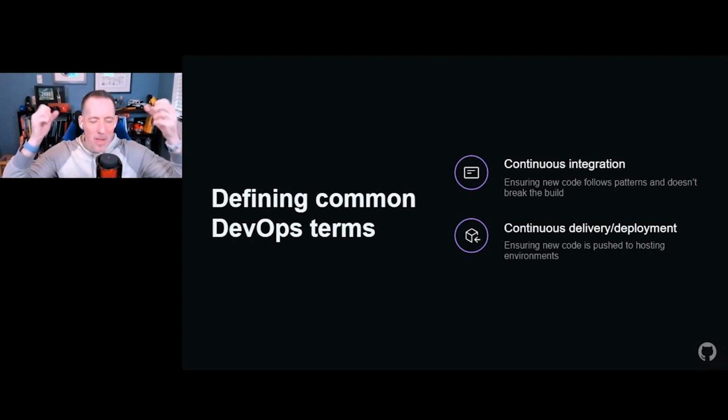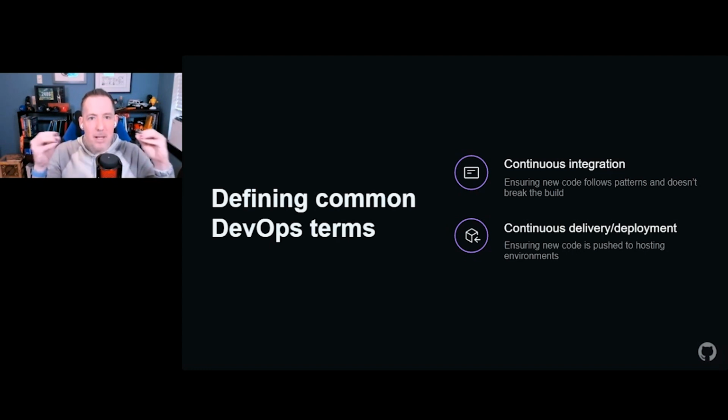Now, this whole session is about deploying out our microservices. And so I want to define a couple of different terms here because I find that they're used quite frequently interchangeably. And that is continuous integration and continuous delivery/deployment.